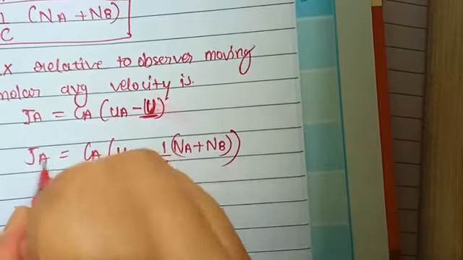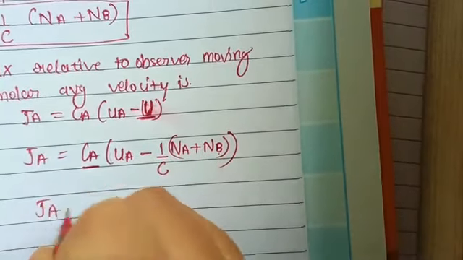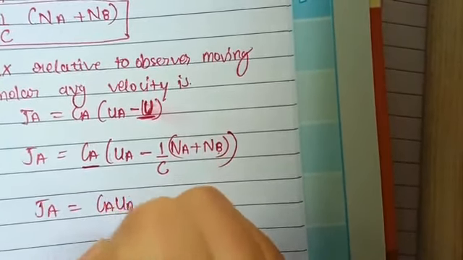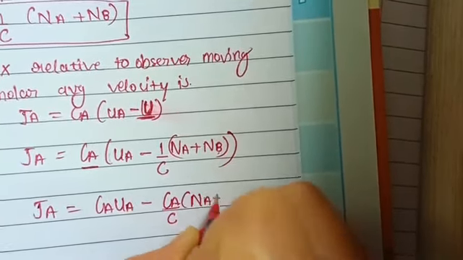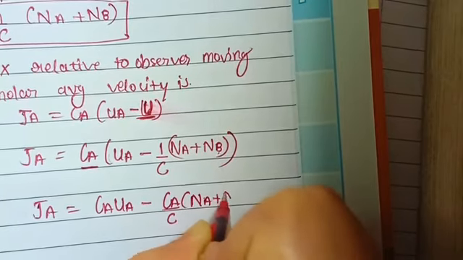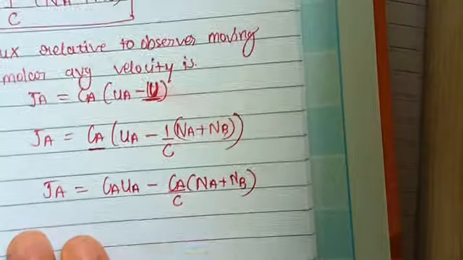Now we can multiply this CA with these terms: CA into UA minus CA upon C into NA plus NB. From this, NA is equal to CA into UA, so we will substitute NA here.